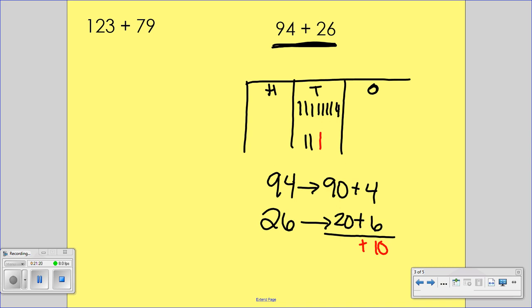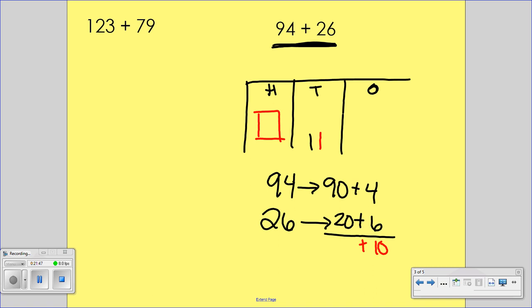I need 10 10s. Count out 10 10s. 1, 2, 3, 4, 5, 6, 7, 8, 9, 10. All of these 10s are gone. Back to the bank. And in place, what is the bank going to give me? 100.